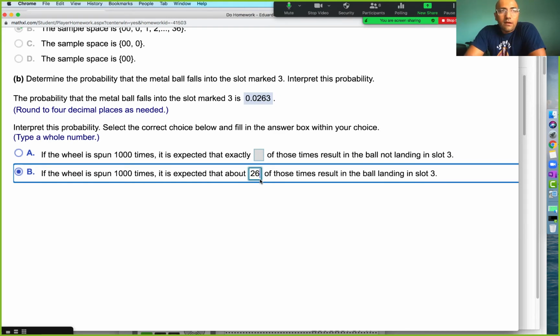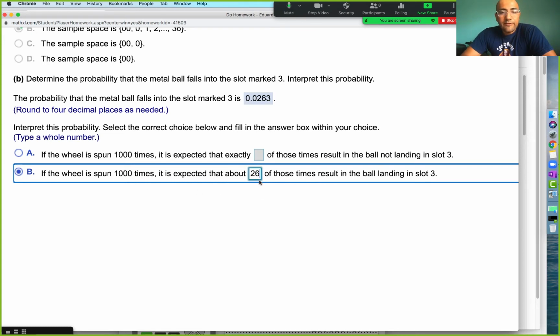And given the law of large numbers, right, I expect my empirical probabilities to approach the theoretical probabilities as we repeat the number of experiments a large number of times. And 1,000 is kind of a high number. Good. So if maybe I got 27, 28, 29, 30, 35, something like that, I would say that's fairly close.